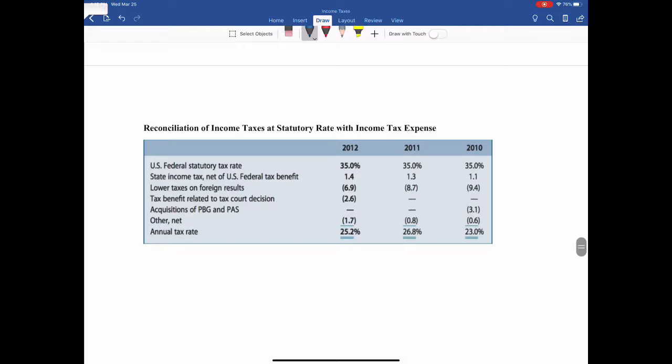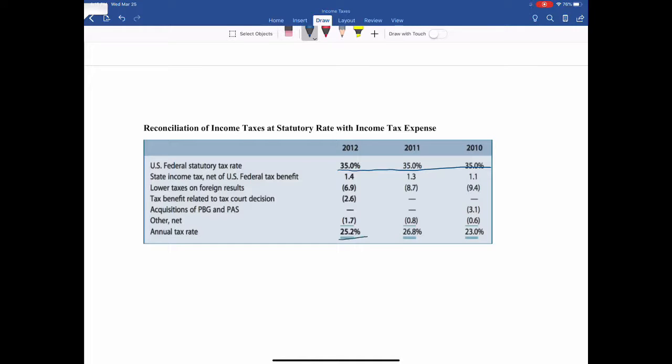The next disclosure required for each firm is the reconciliation of the income taxes at the statutory rate with income tax expense. We know before 2018, the US federal tax rate was 35%. That's the tax rate for the highest bracket.